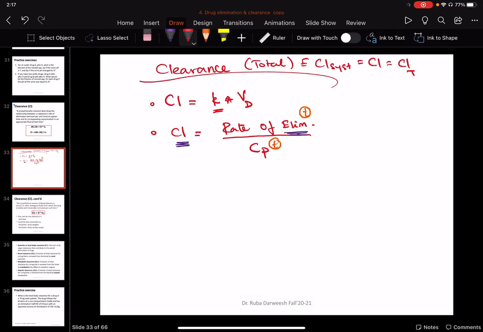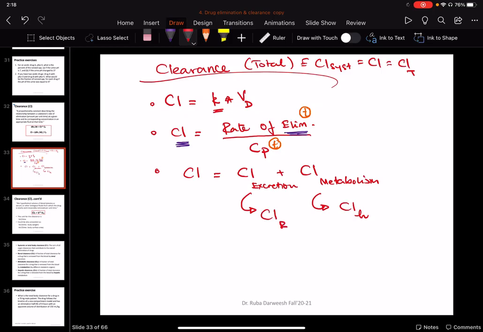Okay. Another one is that the clearance is the sum of all the excretion clearances plus the metabolic clearances, which we mentioned could usually be the hepatic if the metabolism is happening in the liver, and this is majorly as renal.